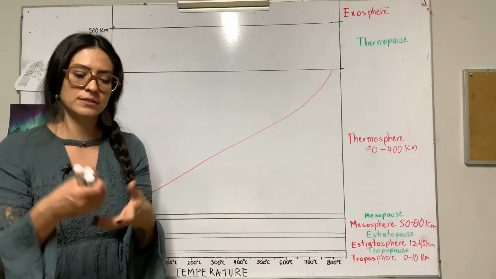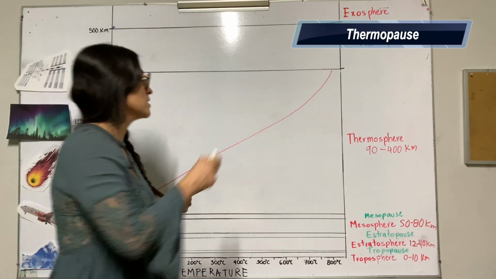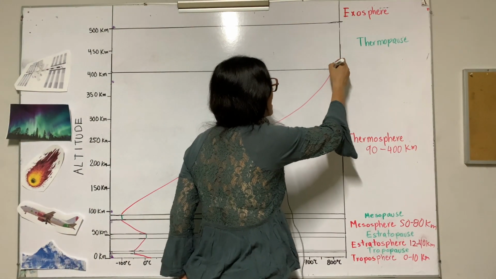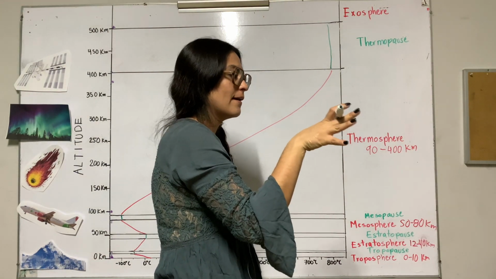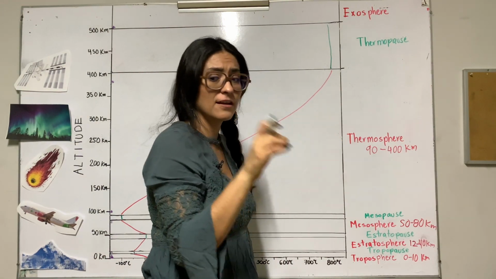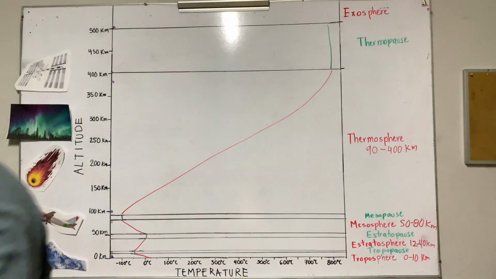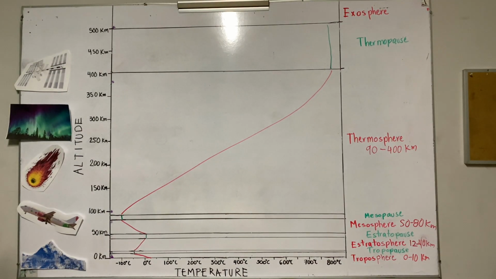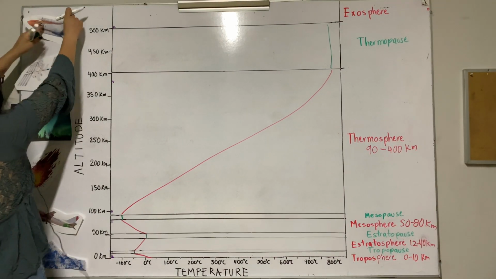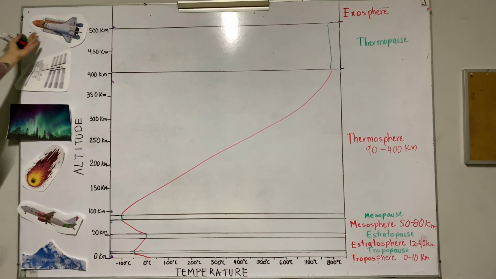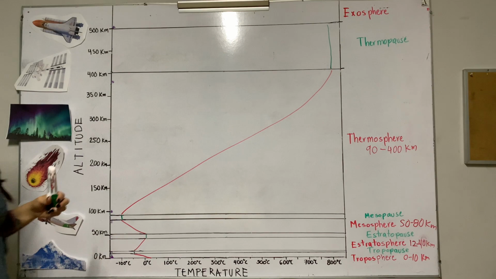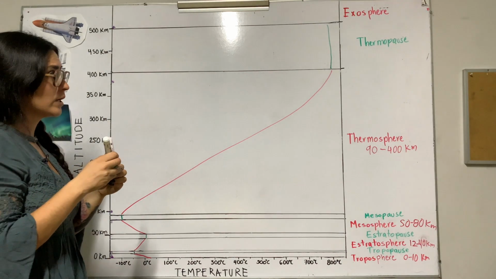And then we have the thermopause. We're almost finished. Well, basically, we're already finished. It's another transition zone where the air is getting thinner and thinner. And we have the space shuttles traveling there. This is the Discovery shuttle, and we have it right there in what we call the exosphere.